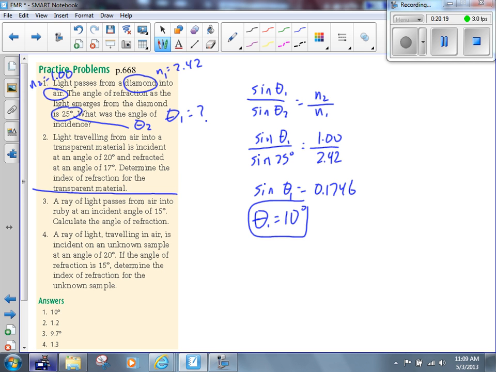Number 2 says light traveling from air into a transparent material is incident at an angle of 20 degrees and refracted at an angle of 17. What's the index of refraction of the transparent material? This is going to be theta 1, I should say. This is going to be theta 2. N1, it's going from air, N1 is 1.00, and we're looking for N2.